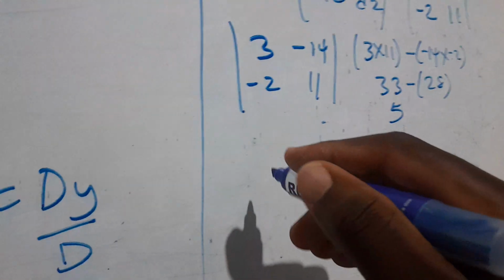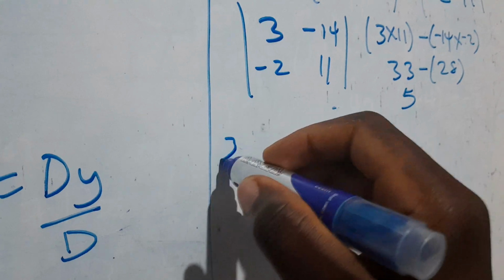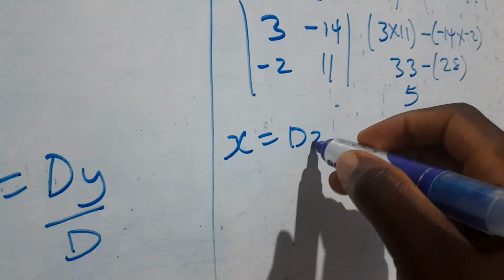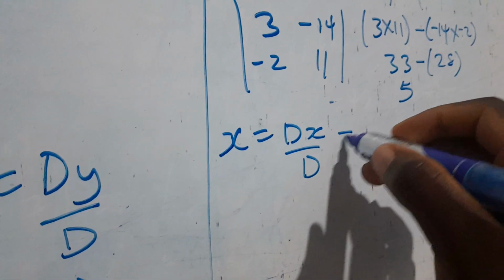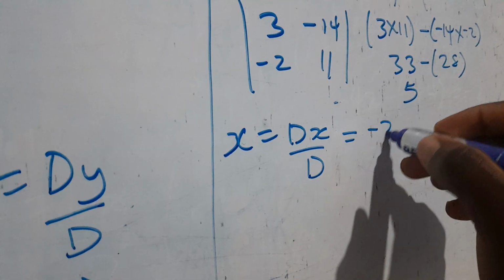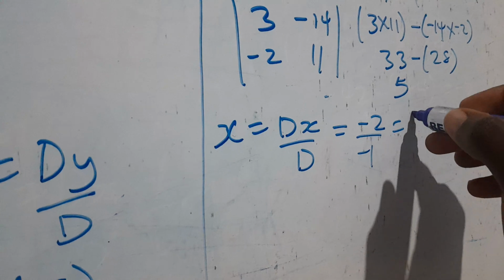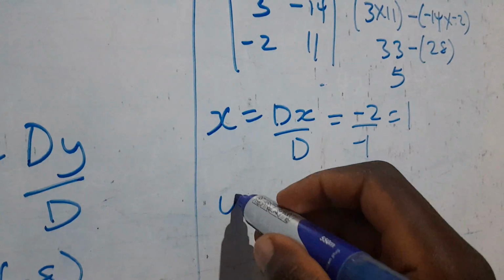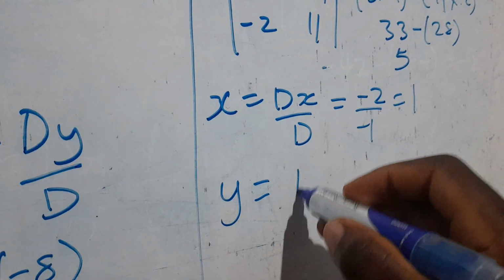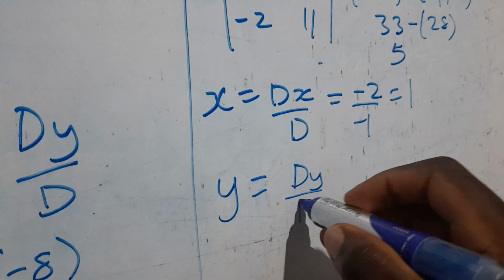We said that the value of x is equal to dx over d. We found out that dx is negative 2 and d is negative 1. X is 1. The value of y is equal to dy over d.